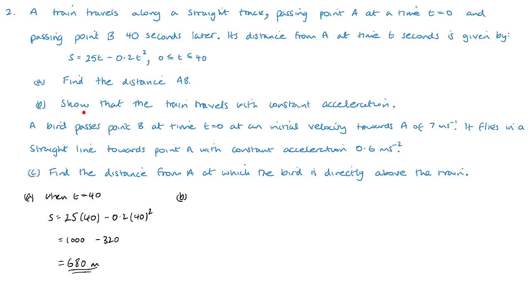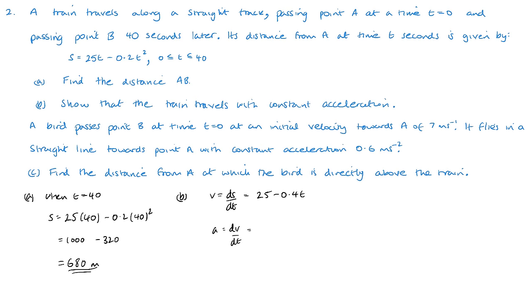Now part B, show that the train travels with constant acceleration. So just like in the last one we were integrating, in this one we're going to be differentiating. Okay, so if I want to find V, it's going to be ds by dt. And that's going to be 25 minus 0.4t. And that gives me my velocity. Now we need to show the acceleration. So acceleration is differentiating the velocity.